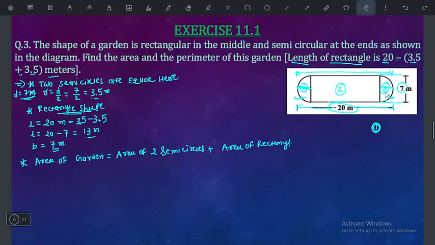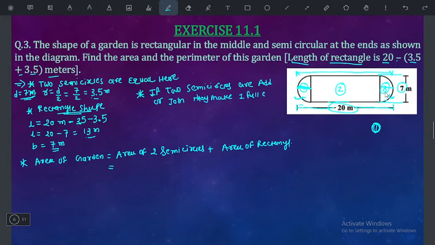Now for the area of two semicircles, if two semicircles are added or joined, they make one full circle. So the area of two semicircles is one full circle.